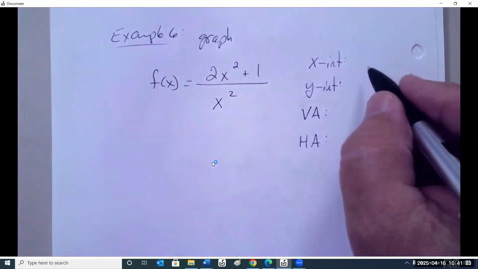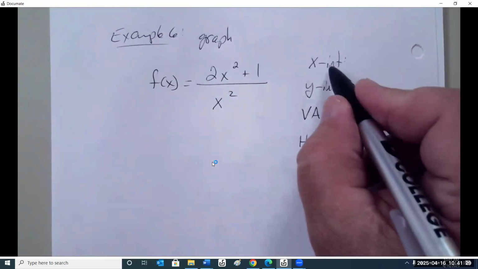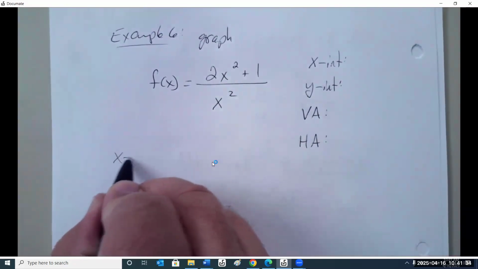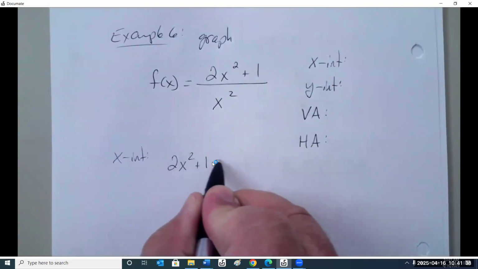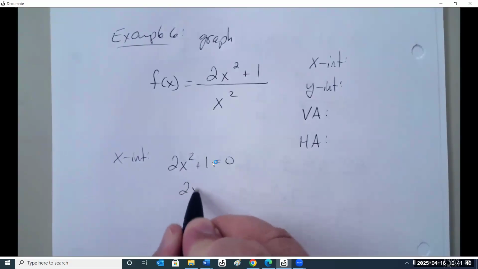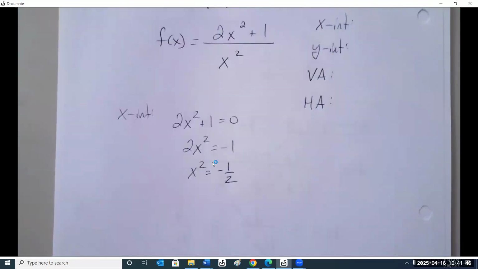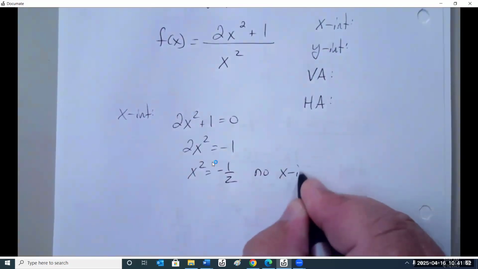So what's the x-intercept? How do you find the x-intercept? For the x-intercept, I take the top, set it equal to 0. So I have 2x squared equals negative 1. No x-intercepts.